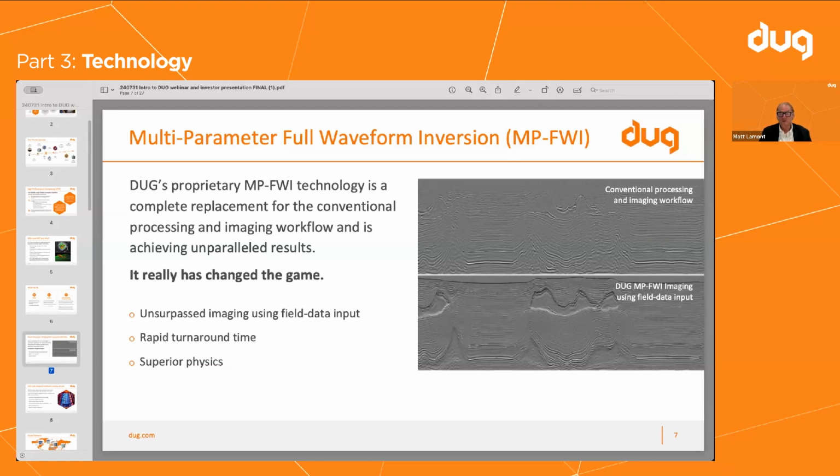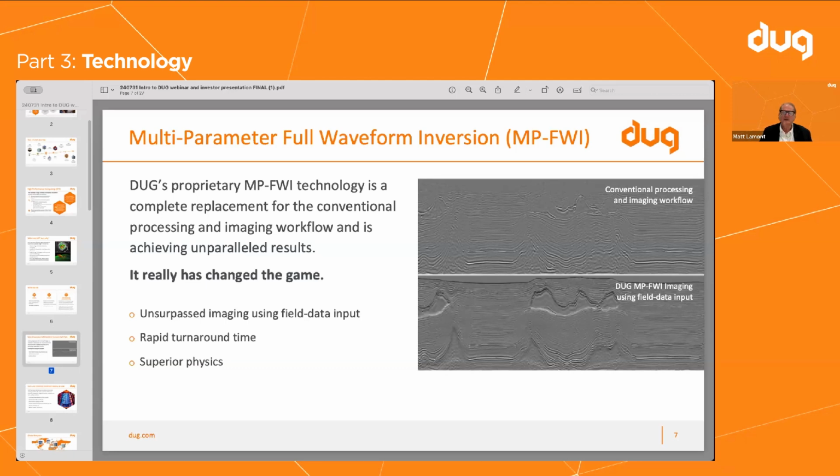And I end up with a beautiful product, to be honest. It's really nice. But when I do multi-parameter FWI, I can get out all the same outputs. There's probably 6, 8 standard outputs of a conventional processing flow, all of which are necessary and important to exploration and production of oil and gas.